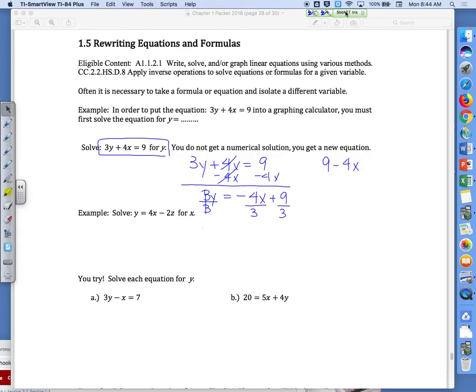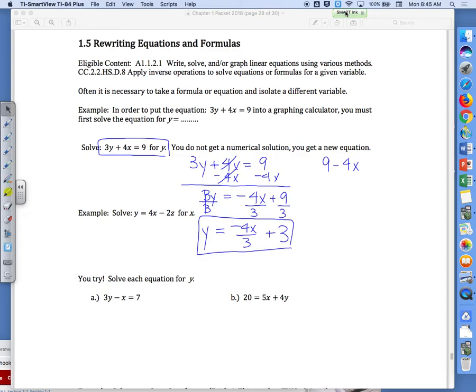The 3's cancel out. Negative 4 divided by 3 doesn't simplify, so just leave it as the fraction. 9 divided by 3 does simplify, though, and that gives me 3. If you have fractions, don't convert them to decimals. Leave them as fractions. If you can reduce the fraction, reduce it.